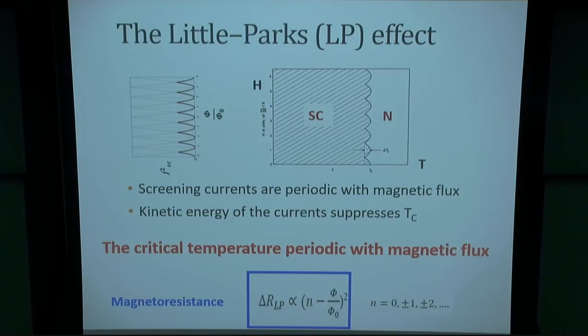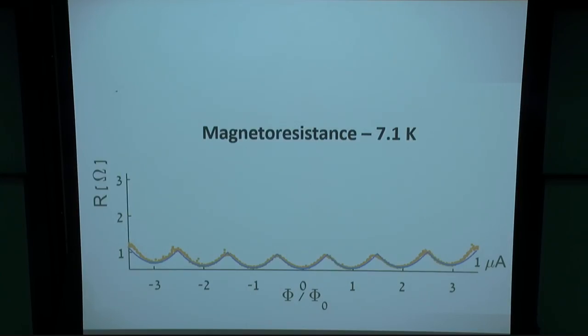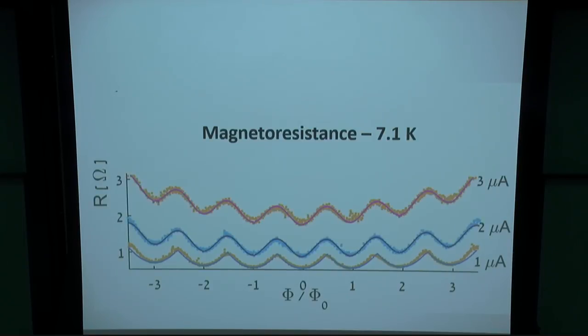So far, so good. So we understand now this curve. We want to understand now the 2 microamps and the 3 microamps, where we see kind of sine or sine squared or whatever.